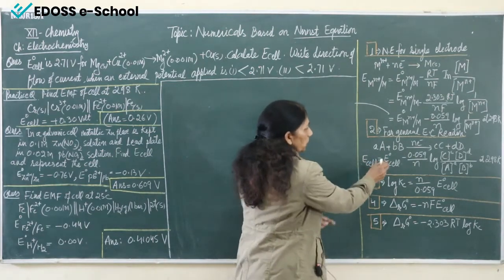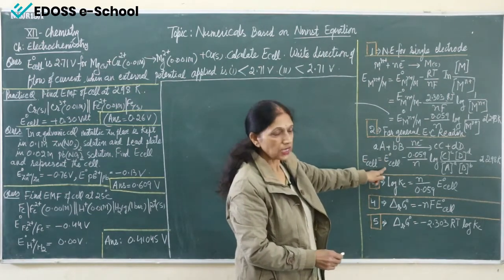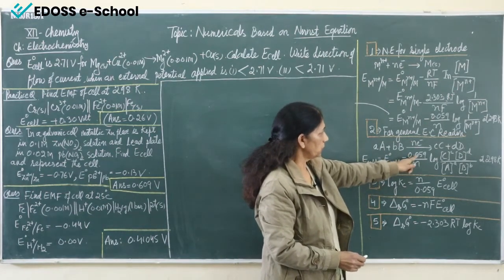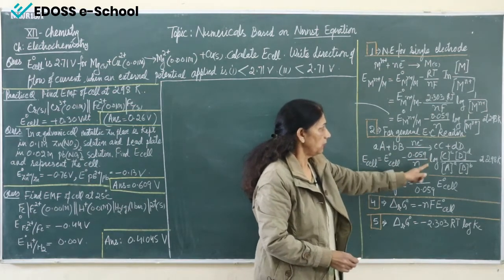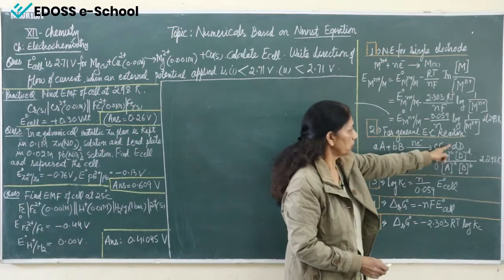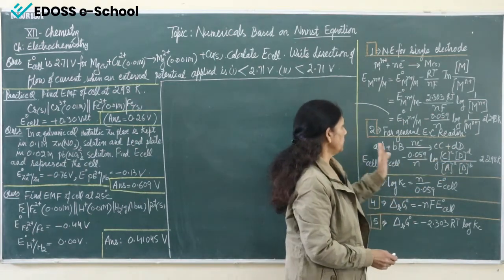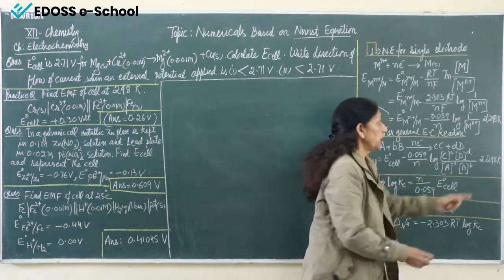It is equal to E naught, the standard EMF of the cell, minus 0.059 upon n log of the product of the concentrations of the products upon the product of the concentrations of the reactants at 298 Kelvin.